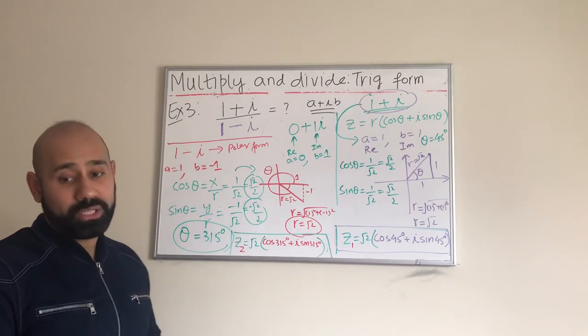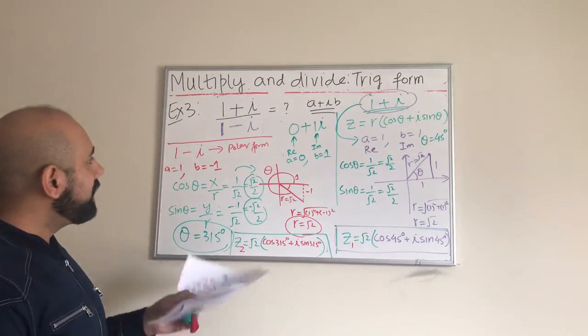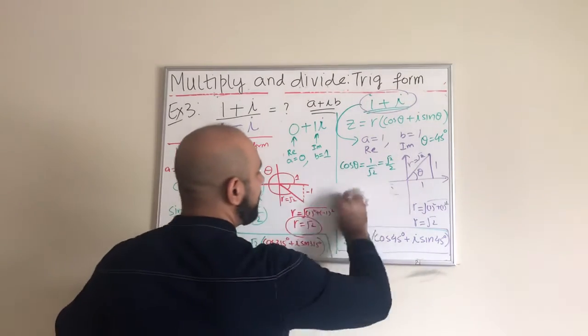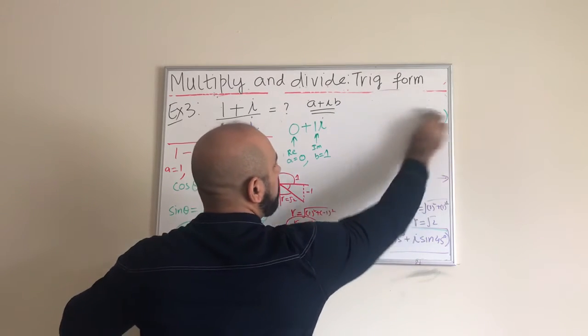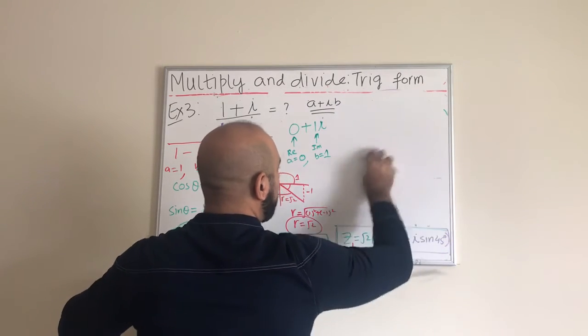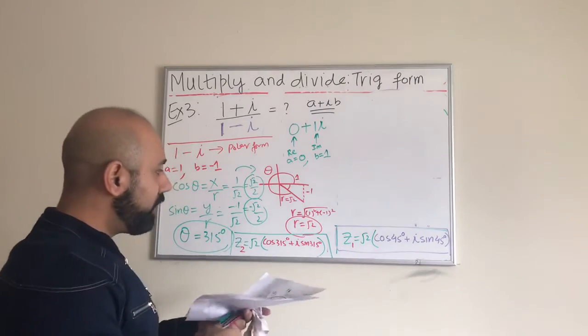Now we want to take the ratio of those. Guys, I'm going to get rid of some of this so that we can take the ratio. Now let us go ahead and set this up and try to find the ratio.